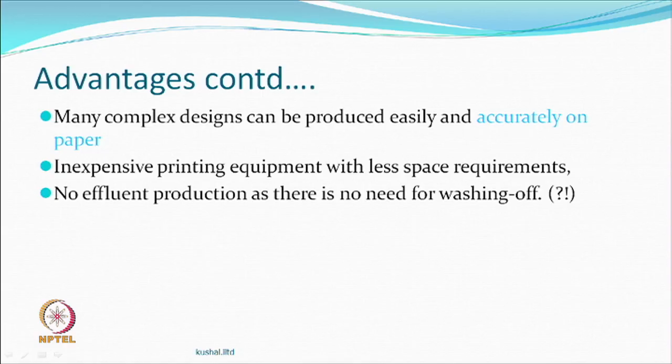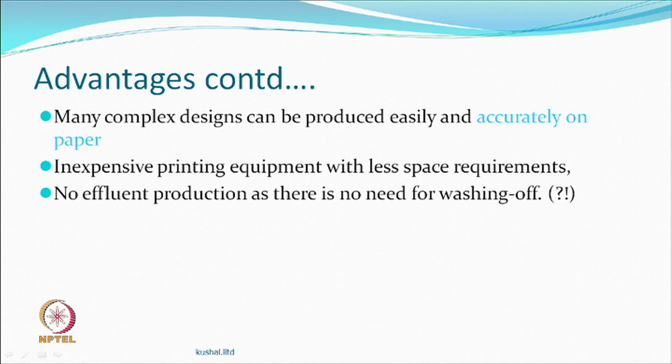The accuracy of designs can be achieved on a paper which is a smooth surface. If it is simple designs of squares and rectangles and circles, that is easy and anybody can print lines and squares.